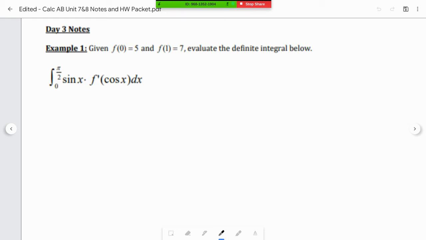And in the directions, it says that f of 0 is 5 and f of 1 is 7. So what we're going to do is go through this and make our u substitution and work through this process, changing our bounds, doing things the way that we had done. And I think you'll see how this ends up working out pretty nicely.